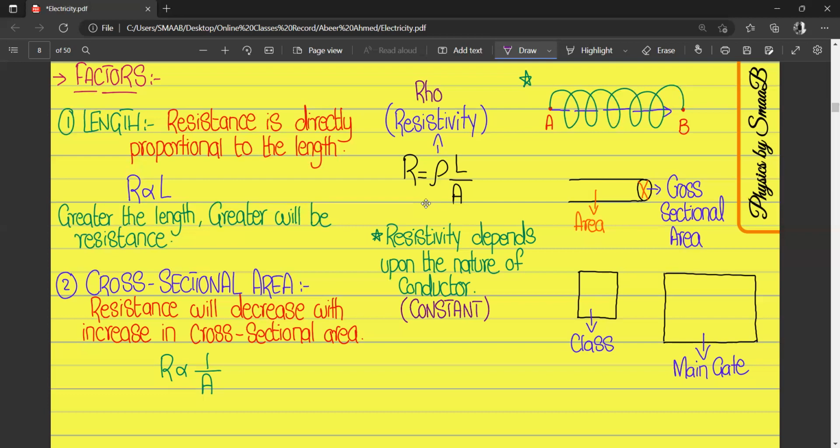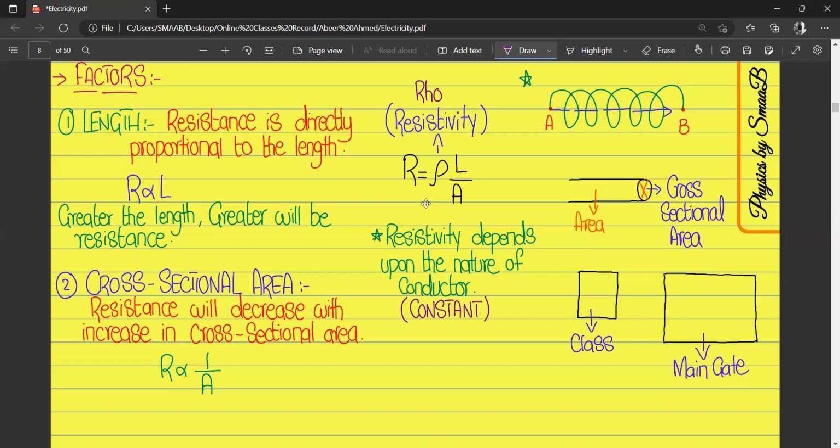And if we discuss the temperature, because in the summer season we observed that many wires got short circuit due to high temperature. So what do you think, will resistance increase with an increase in temperature or decrease? Increase, right?